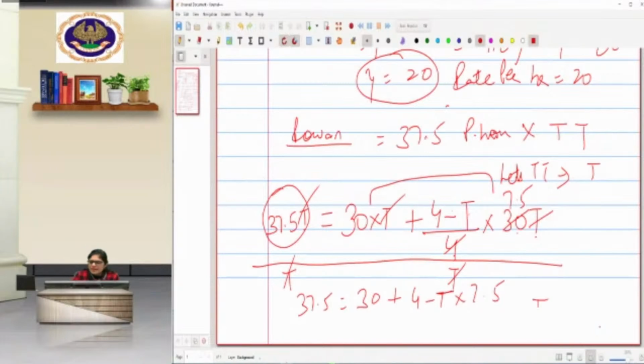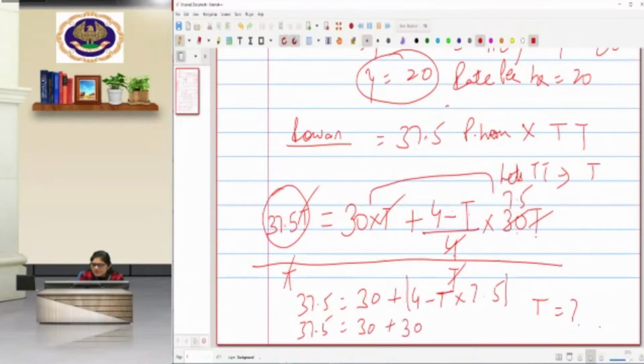Can anybody calculate T? If you solve the equation, can anybody calculate T? Let me also calculate for you. You can further solve it. 37.5 is equal to 30 plus, first solve this part.